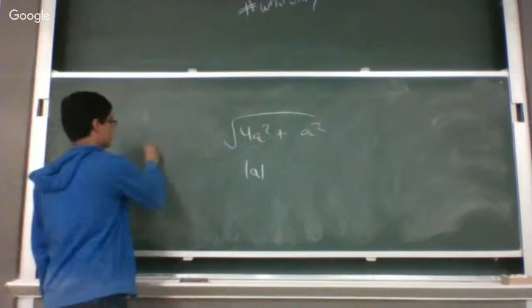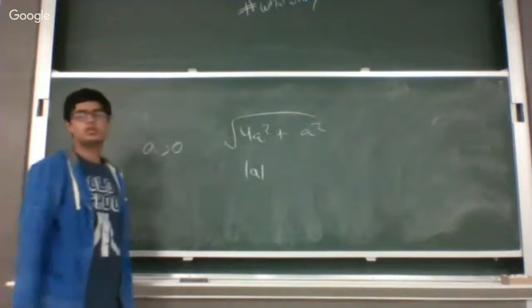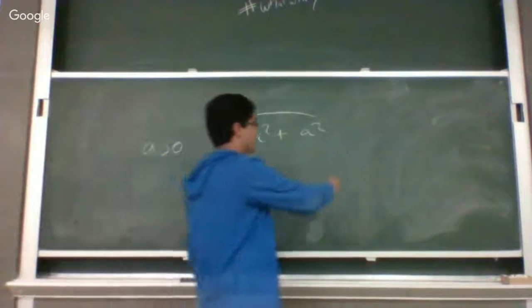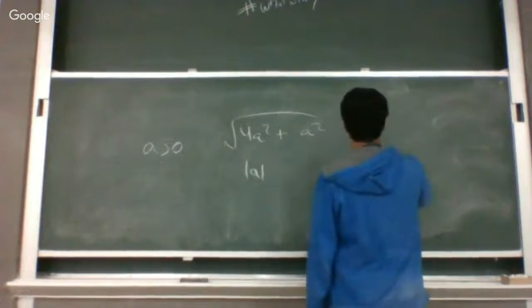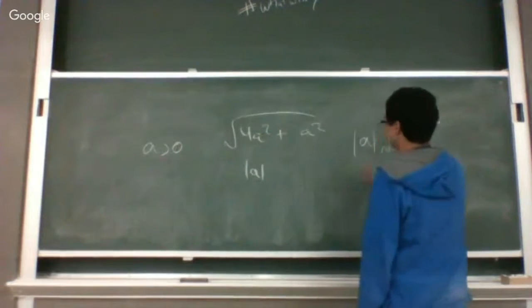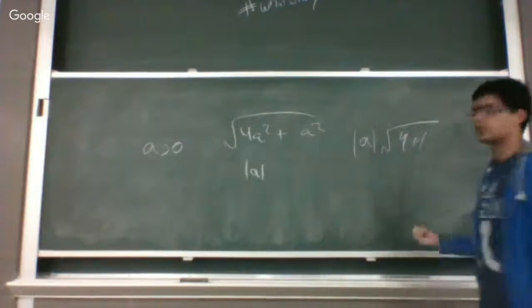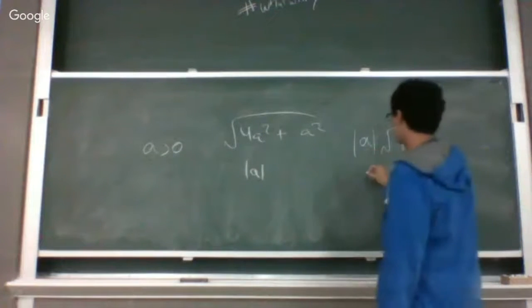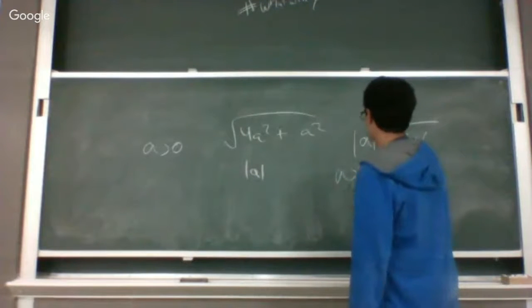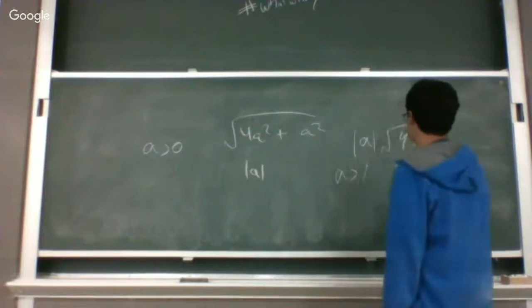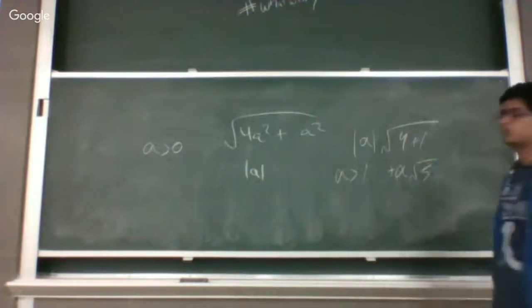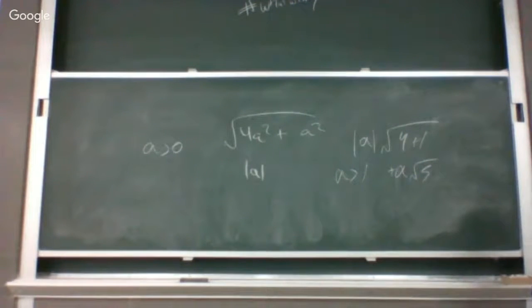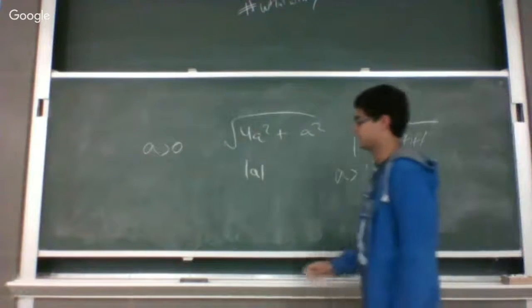They told us in the problem that a is greater than 0. So the way to simplify this, in this case, would be 4 plus 1. And then I'd show that since a is greater than 0, it'd be a positive a. So that's for those who were in the class at 12.